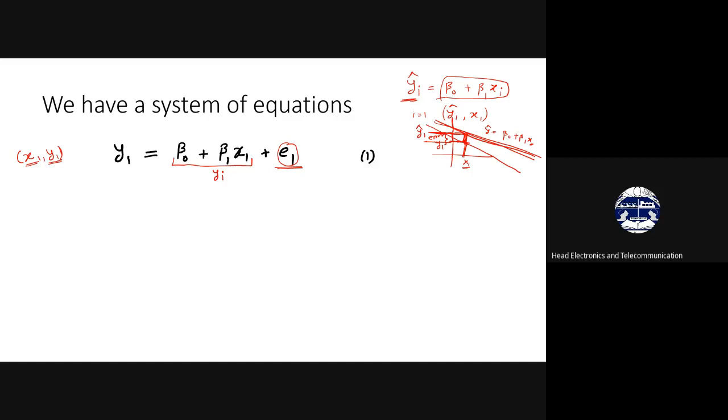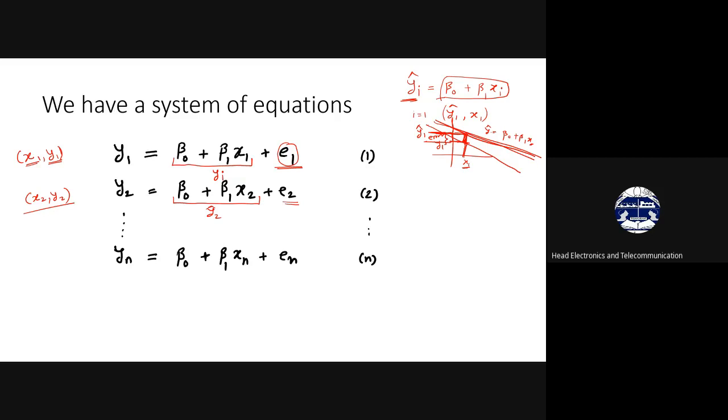Okay, so if I now take the second sample, I am talking about x2 comma y2. For y2, the actual value y2 is equal to this estimated value of y2 plus the corresponding error. So I can keep on writing for all the available training samples like this, and I can write all these equations.